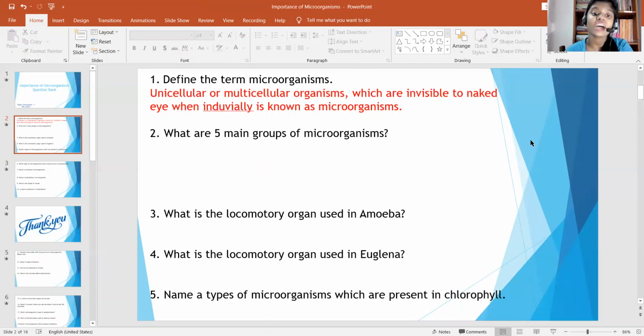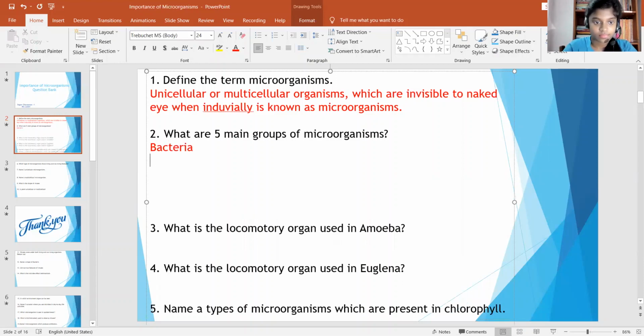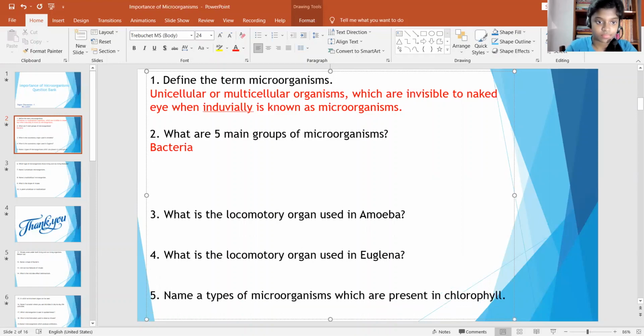What are the 5 main groups of microorganisms? Yes, we studied the 5 main groups. They are bacteria, amoeba, fungi, algae, and protozoa.